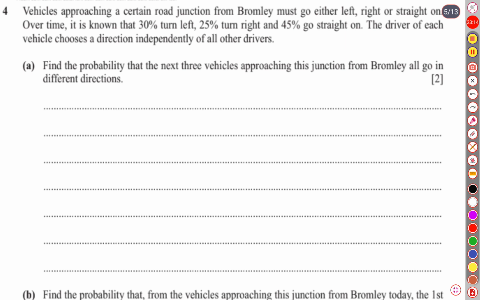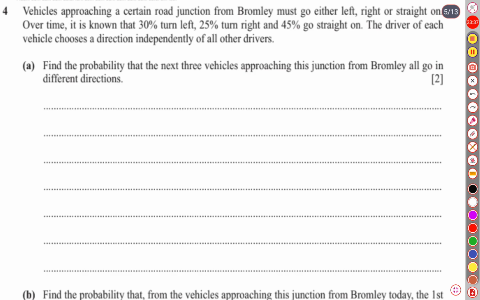Over time, it is known that 30% turn left, 25% turn right, and 45% go straight on. The driver of each vehicle chooses a direction independently of all other drivers. Find the probability that the next three vehicles approaching this junction from Bromley all go in different directions.